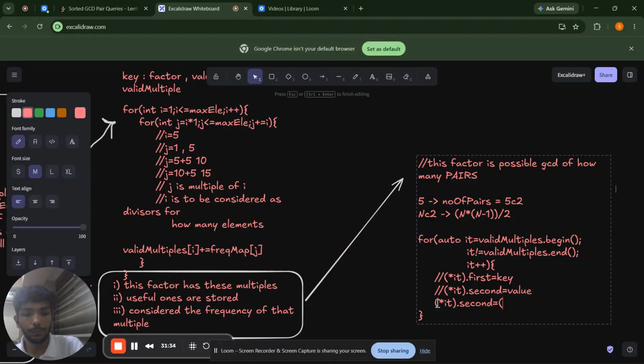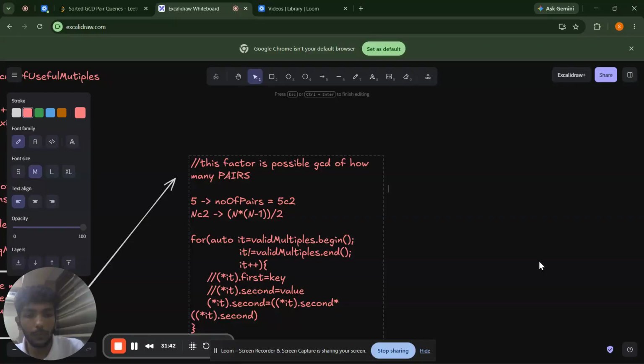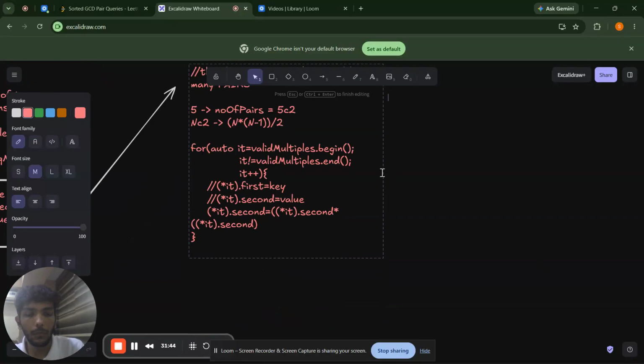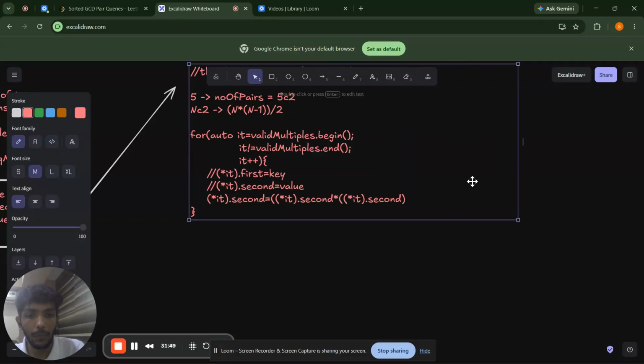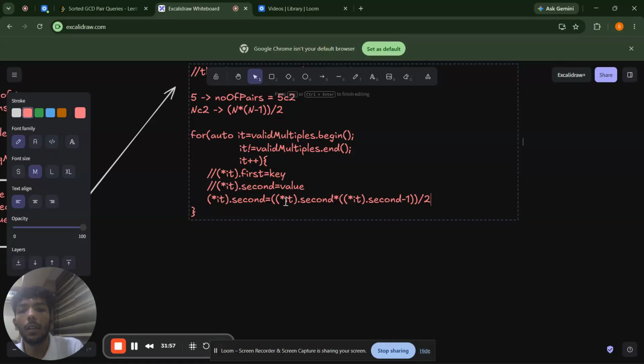Equals to star, minus 1 here, by 2. So you can consider that this is n, this is n minus 1.